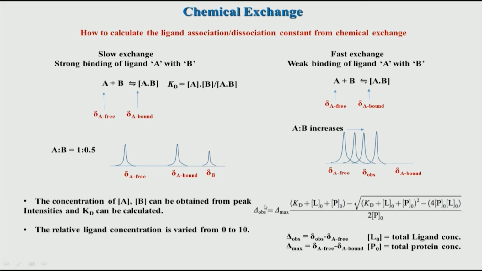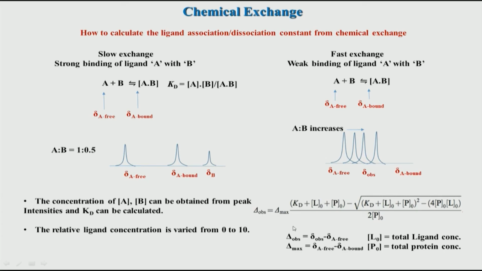So, once you know delta observed at different points in your titration, and you know the delta max for the last point in your titration after adding a large amount of B, you can at every point calculate and fit it to this equation. So, what is the fitting parameter? Kd is the fitting parameter. This is what is not known, this is unknown.